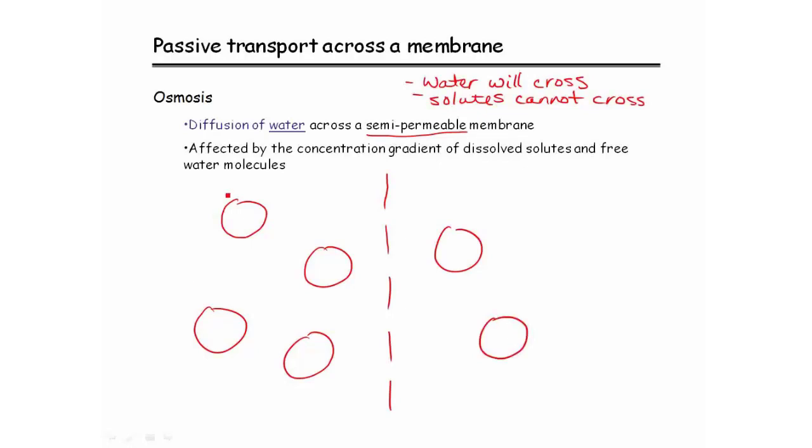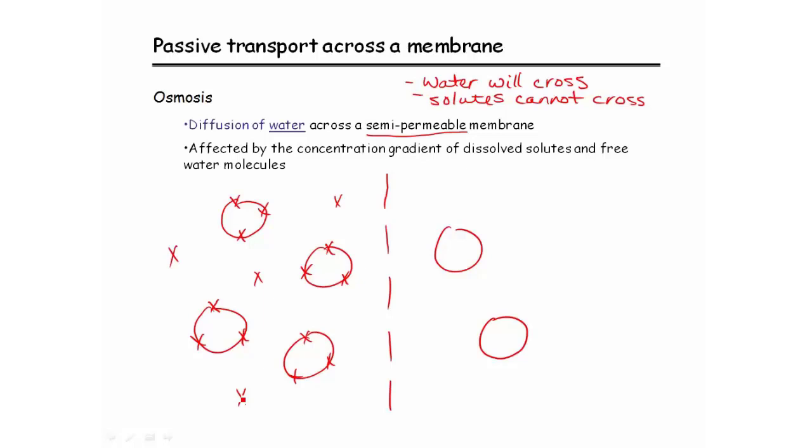Now if you review how water actually dissolves things or acts as a solvent, it does so by making a hydration sphere or a hydration shell around these. So on this side here where I have all this solute, I've got a lot of water that happens to be bound to the surface of the solute, and I've also got some water that's floating around.